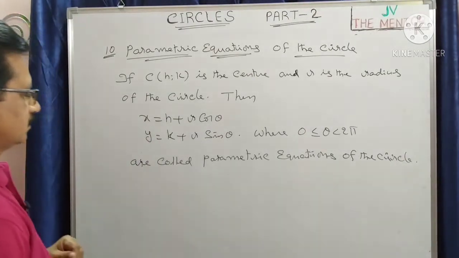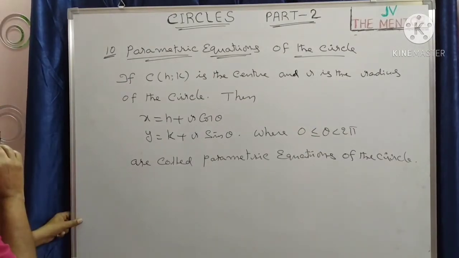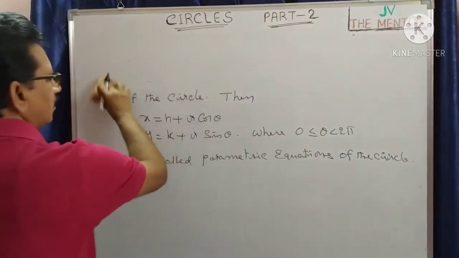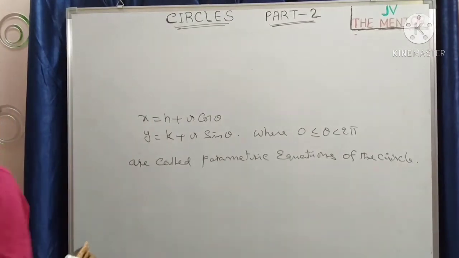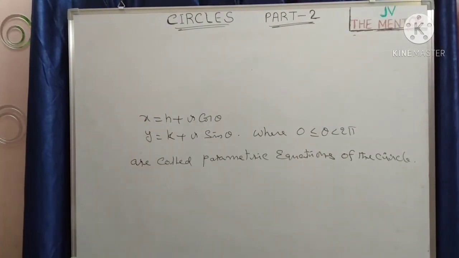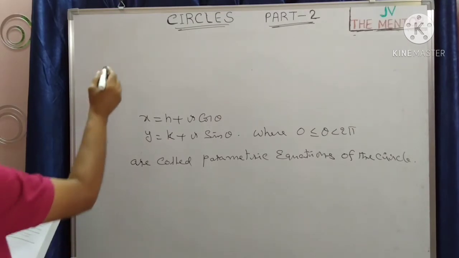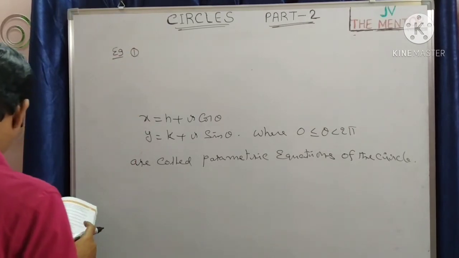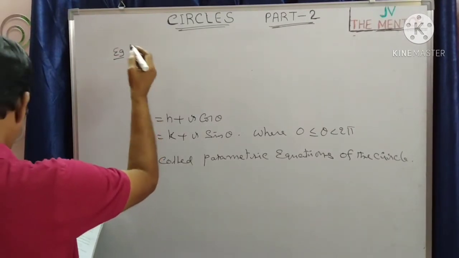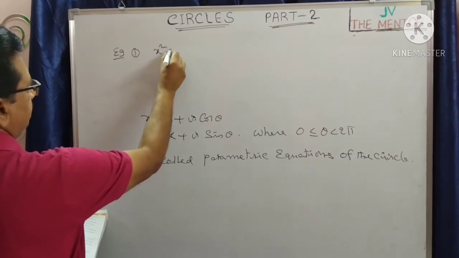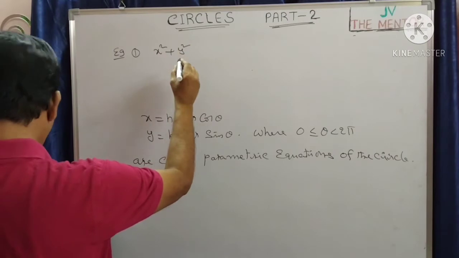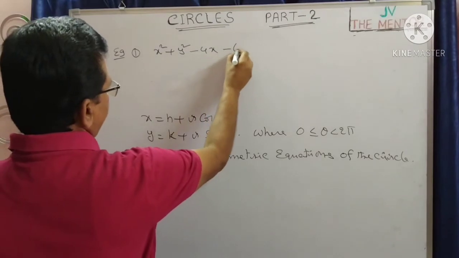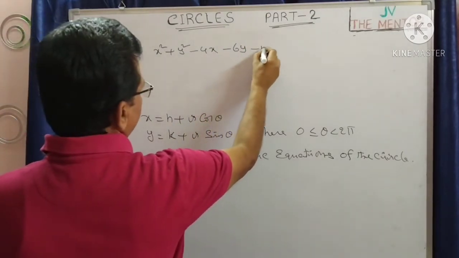Okay, now next, taking one example. First one, x square plus y square minus 4x minus 6y minus 12.